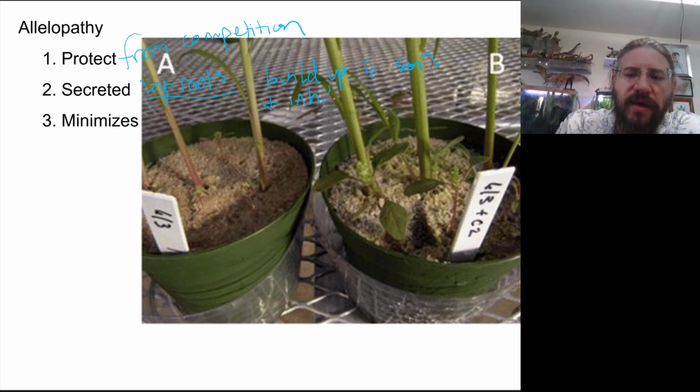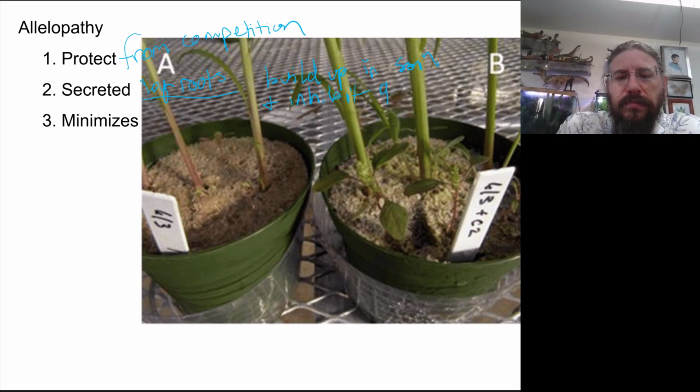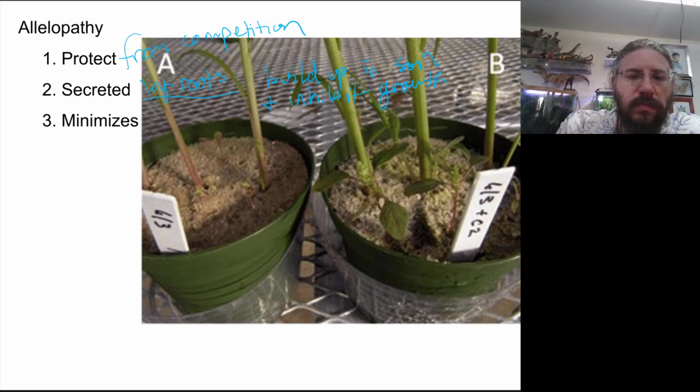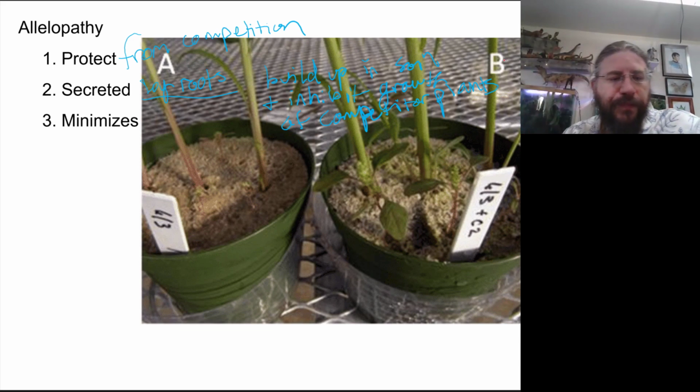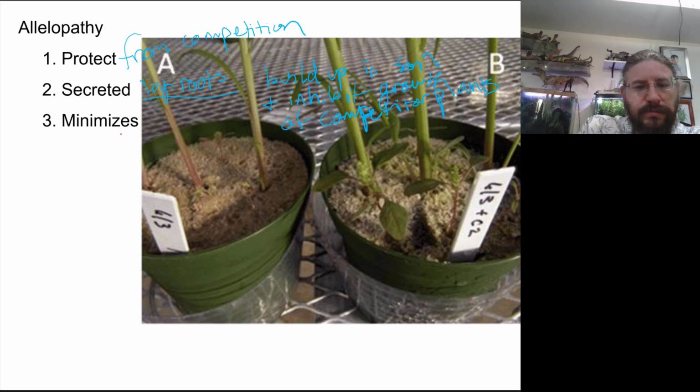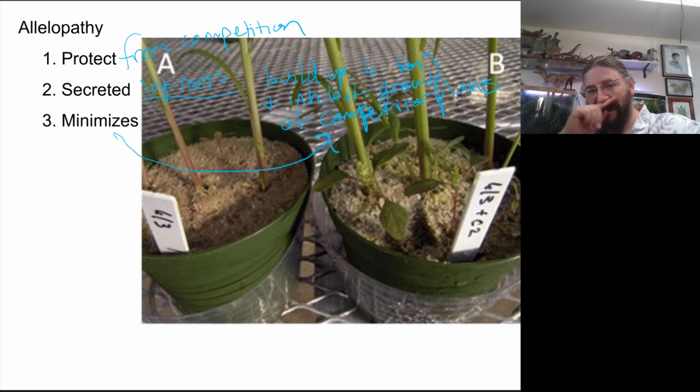They inhibit growth of competitor plants. That's allelopathy. Basically, it minimizes competition. Protects from competitor plants. Secreted by the roots where it builds up in the soil and inhibits the growth of competitor plants. Minimizes competition.